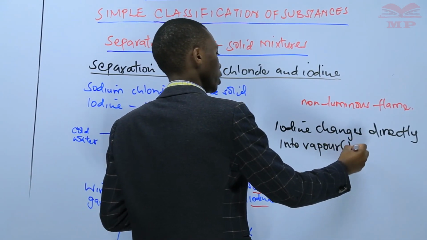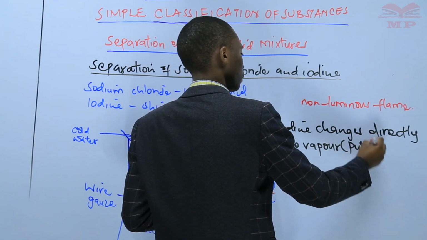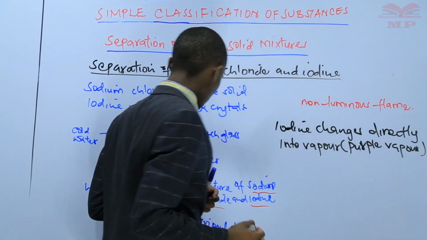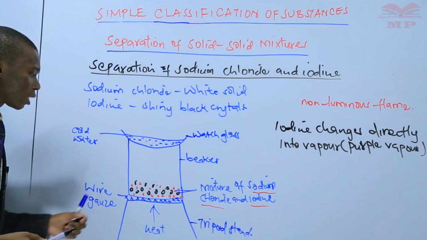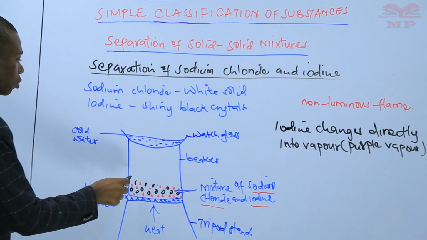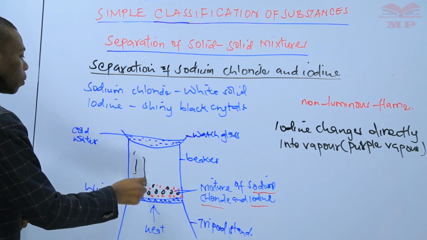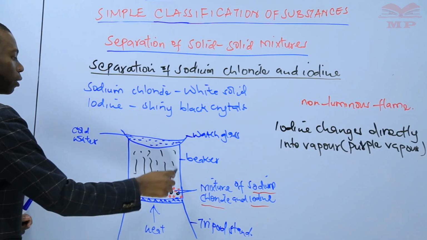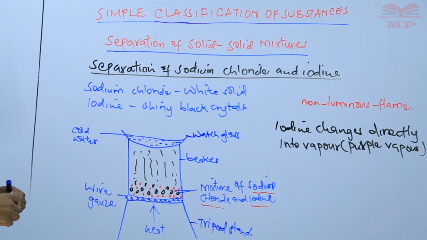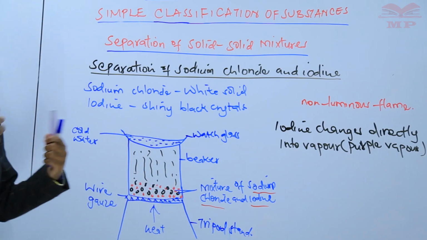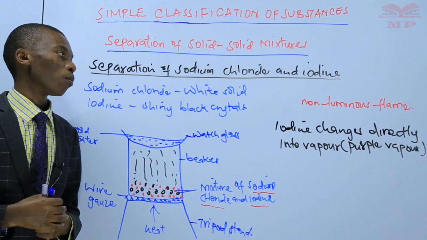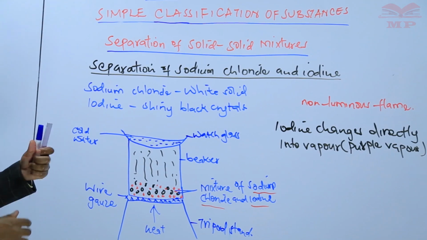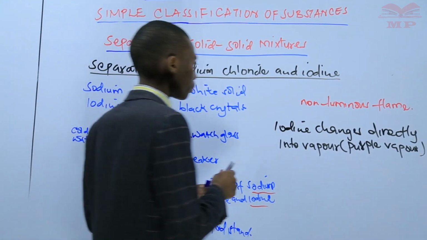And this vapor is purple in color. After some time of heating, you are going to see the purple vapor moving up from the solid, because iodine changes directly from a solid into vapor.